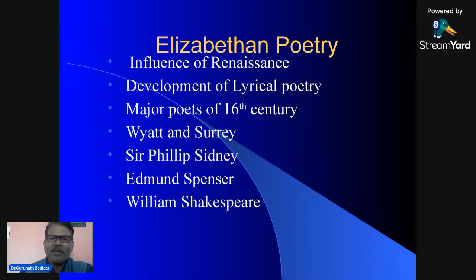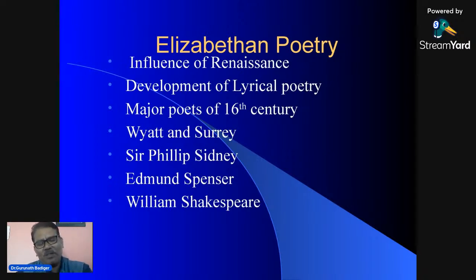You can also see the Hundred Years' War fought between England and France. So this period is known as the dark period in the literary history of England. That's why we hardly discuss what has happened. But some important incidents happened here.